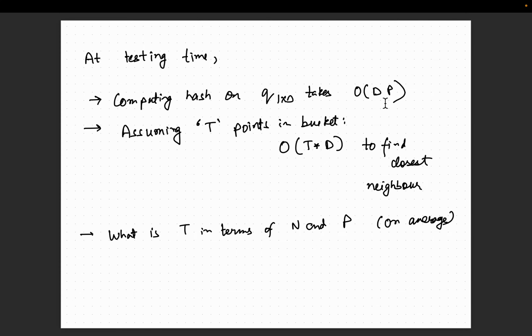So on average, what would you expect t to be? In a very good, well-balanced split, what would you expect t to be in terms of n and p? n divided by something, 2 to the power something. Can you think? In a very well-balanced case, t would be approximately n over 2 to the power p, as each time you add a hyperplane, you are dividing the dataset into 2 partitions.